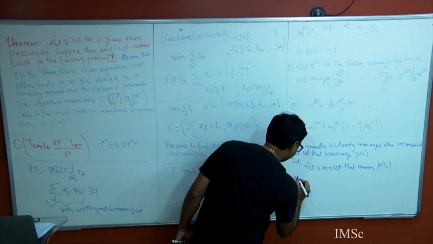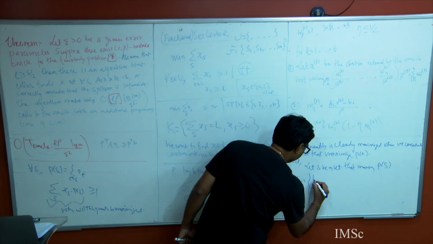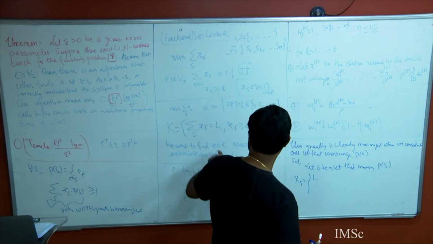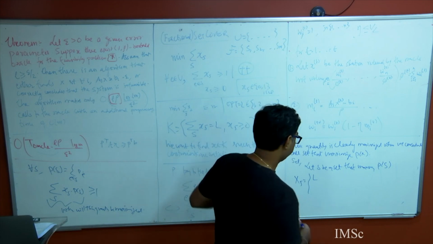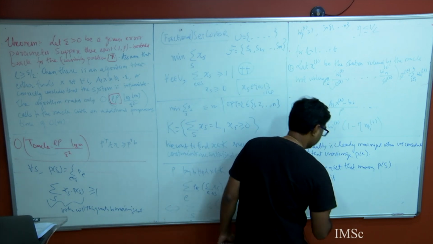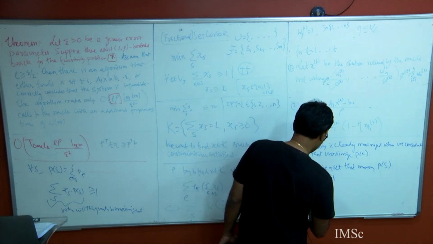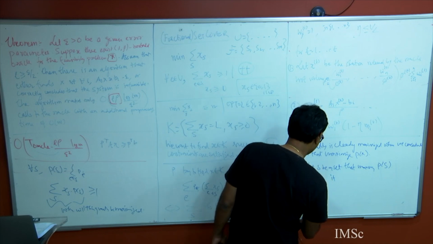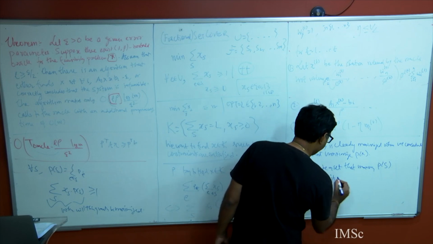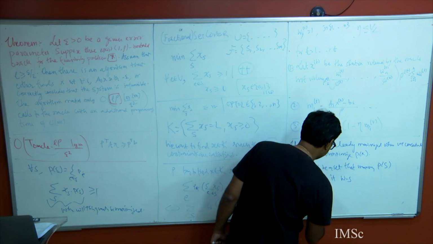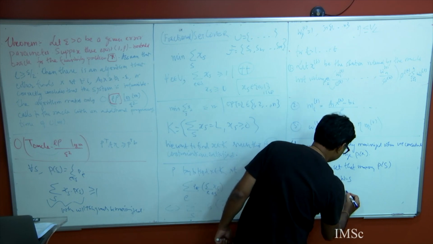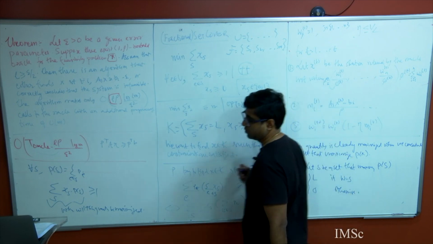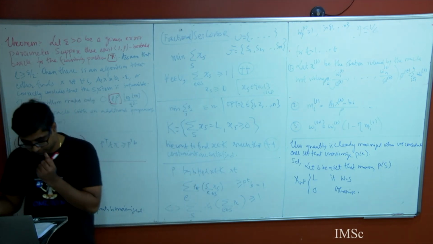So now what is this? x_S equal to L. What is the L? This is this L. Okay, x_W equal to L if W equals S, 0 otherwise. This is my assignment.